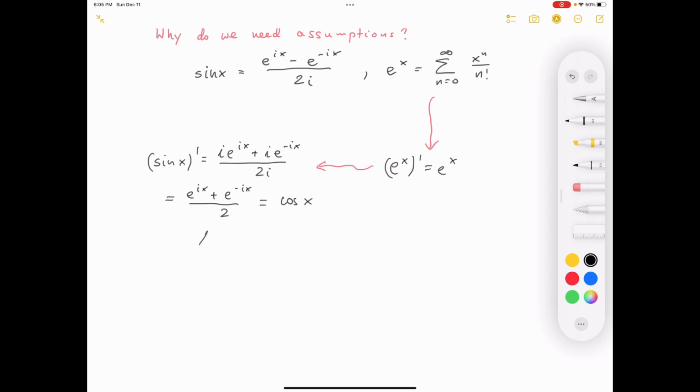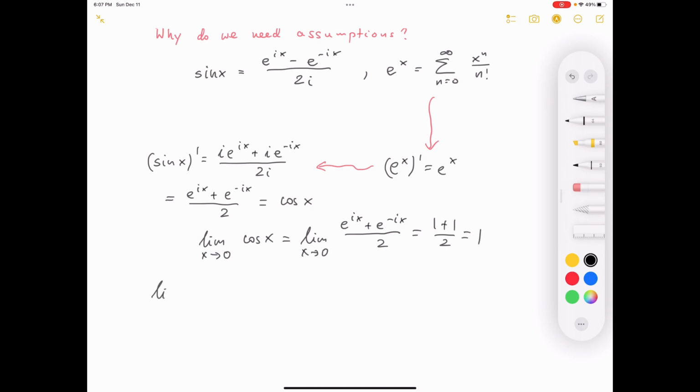Furthermore, if you compute the limit as x approaches 0 of cosine x, this is now an easy exercise. Using this definition, you see that what you get is 1 plus 1 over 2, as when x approaches 0, e to the ix goes to 1. So the limit as x approaches 0 of cosine x is equal to 1.